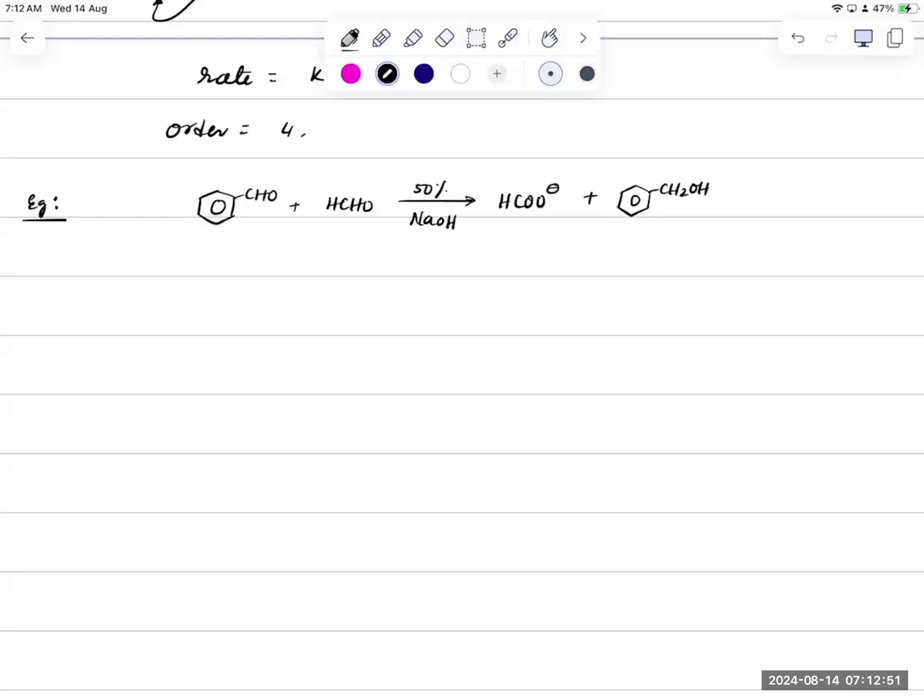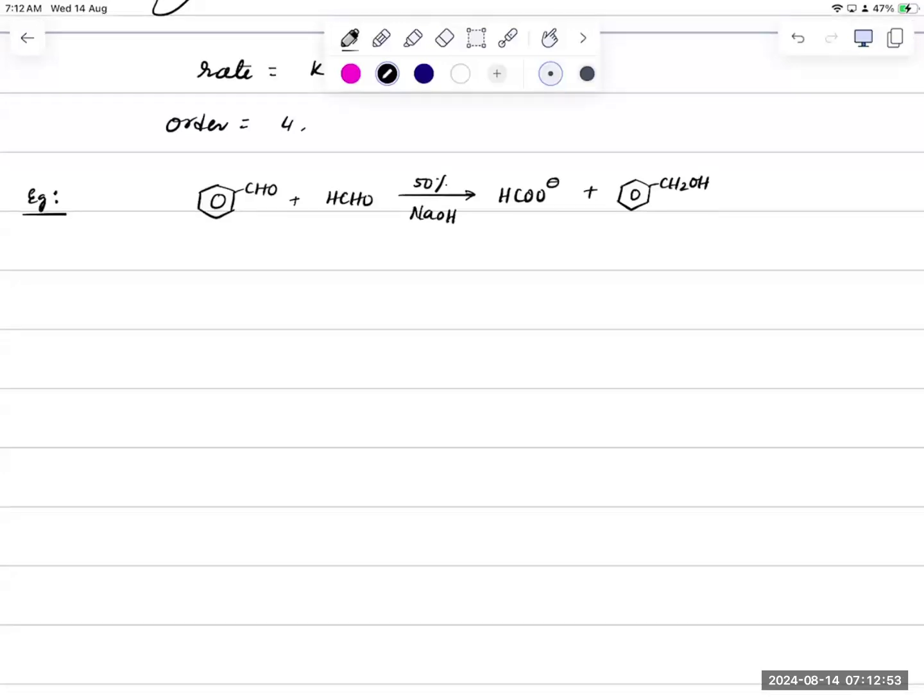Now, let us look at a few exceptional cases, in which Cannizzaro is possible and in which it is not. As an example, in which cases is Cannizzaro observed?